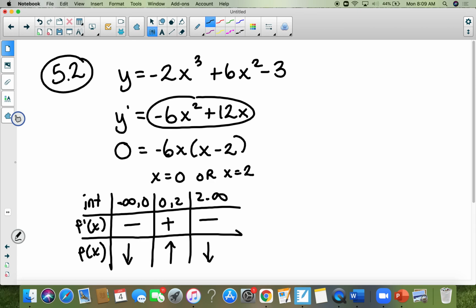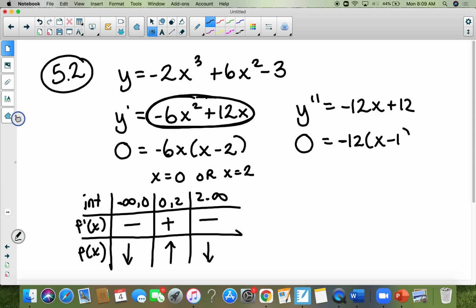Then we can even go farther and find the double derivative of this, which is negative 12x plus 12. All I did was take the derivative of this, set that equal to 0, and take out a negative 12. You're going to get x equals 1 for the double derivative.